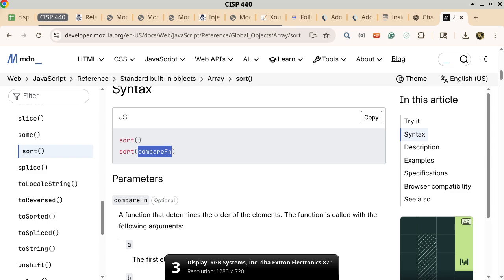So the question now is, if I give you two objects, each one representing a player, how do you compare those two players or those two objects and tell me which one is less than or equal to which one?